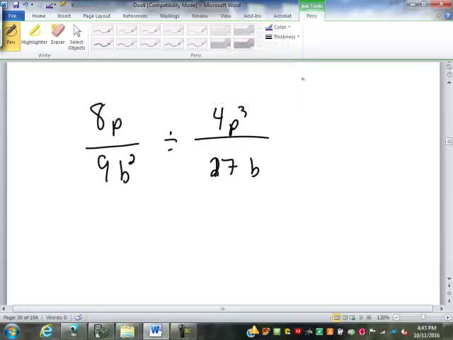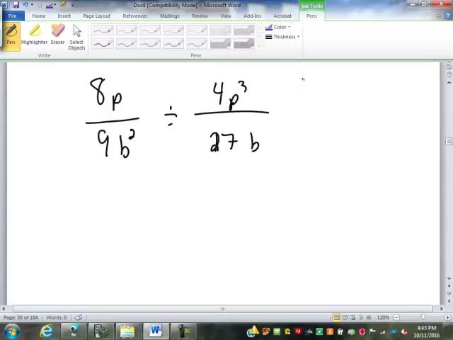So first thing I have to do when I divide is what? Flip the second fraction. So this becomes times. Now it's 27b on top, 4p to the third on bottom.